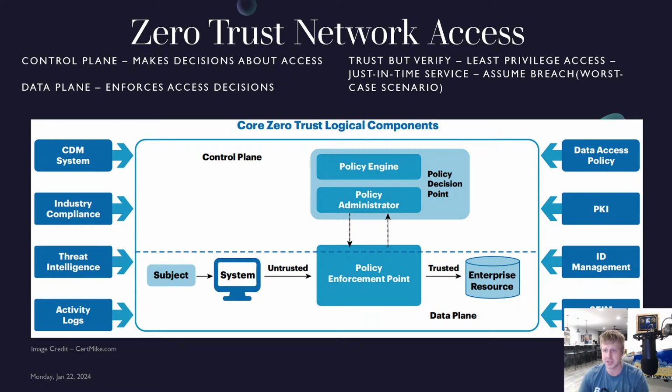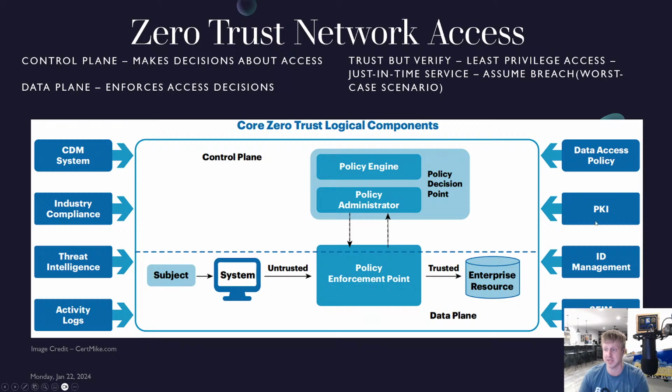So you essentially have these policy enforcement points that a system that is trying to connect into your enterprise resource has to go through, where the policy engine and the policy administrator make the decisions whether or not you're allowed to access that particular asset or that database or whatever it may be that you're trying to use within the enterprise.